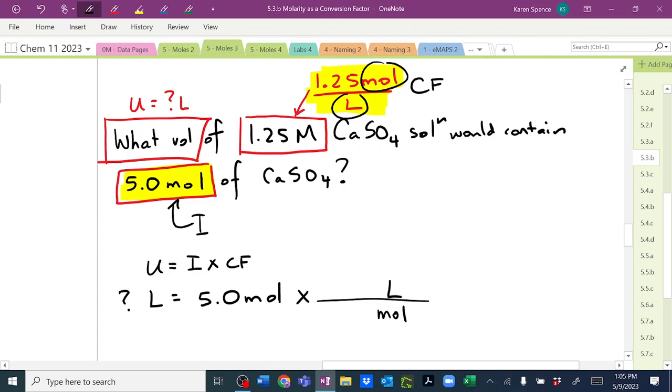Once you have those in, then you can go back to your conversion and say, now where does my 1.25 go? It goes with the mole on the bottom, 1.25 moles, and then liters. If there's no number, I can just write the number 1. Okay, so that's why it's important, write your units in first to prevent mistakes.